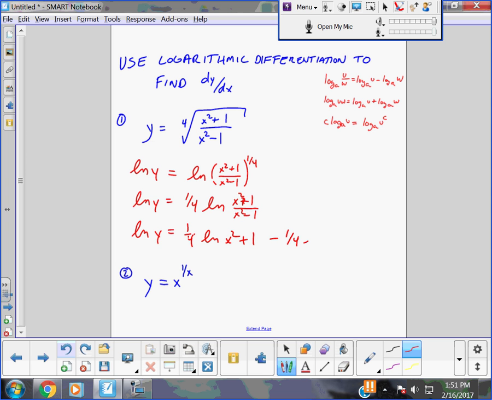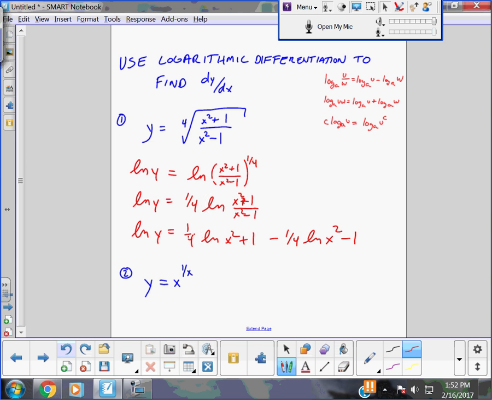Does everybody realize that the 1/4 goes on both? Because if we do this portion, it's this portion. I just put the 1/4 on both. I distributed it in my head already.